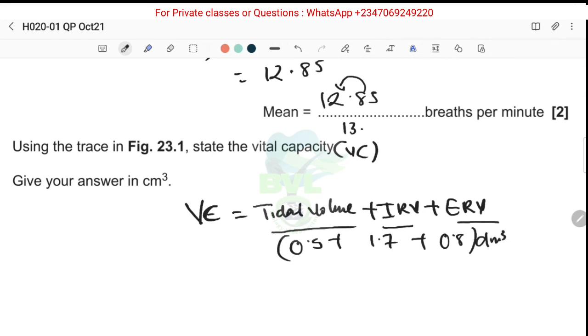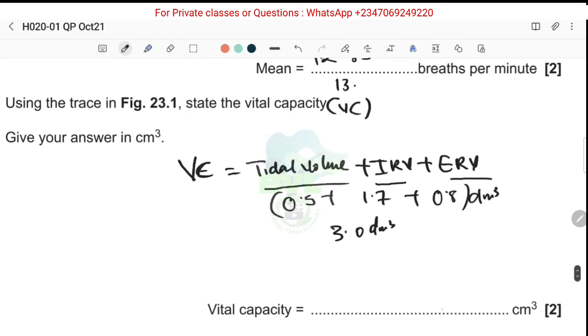If you add 0.5 plus 1.7 plus 0.8, that gives us 3 dm cube, or 3.0 dm cube.